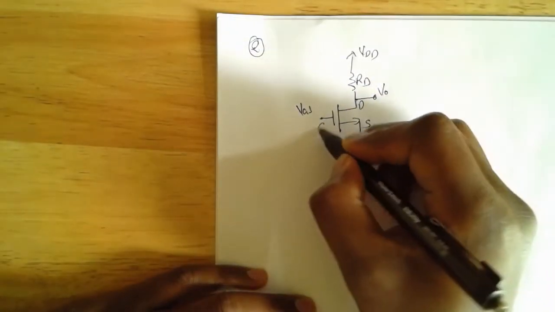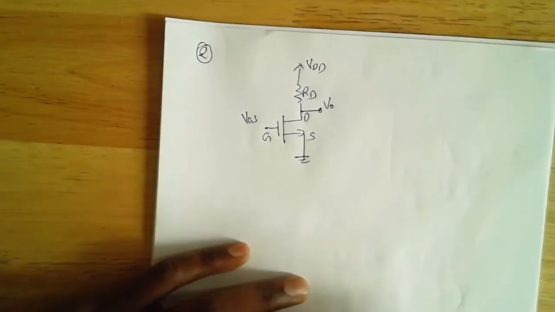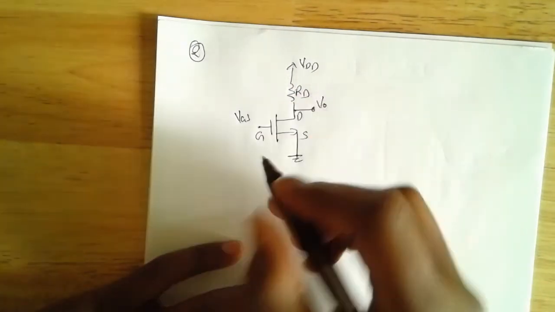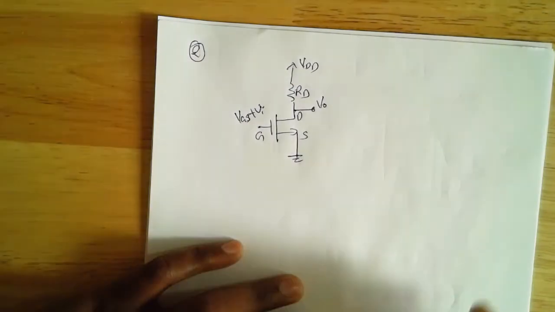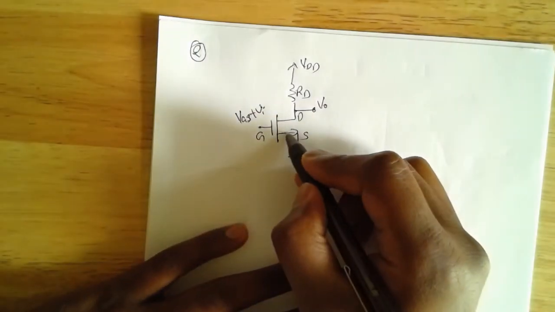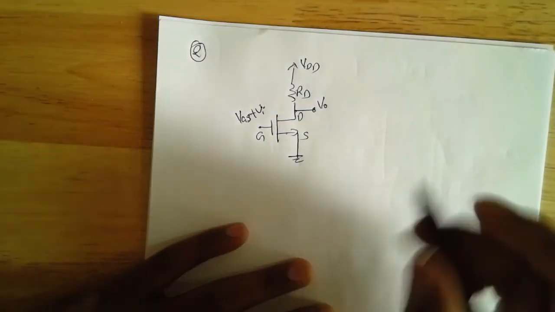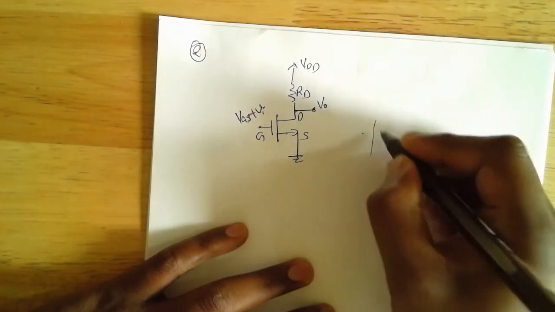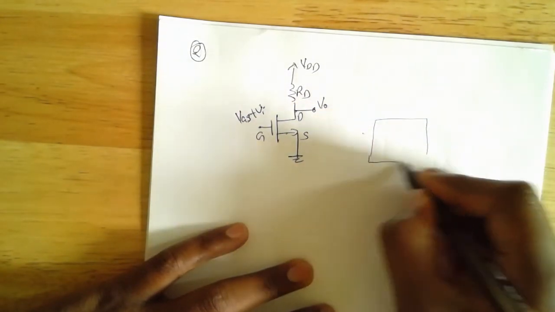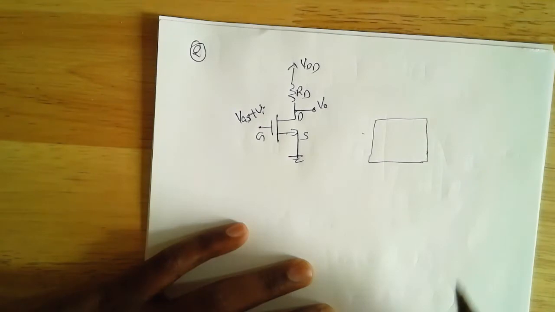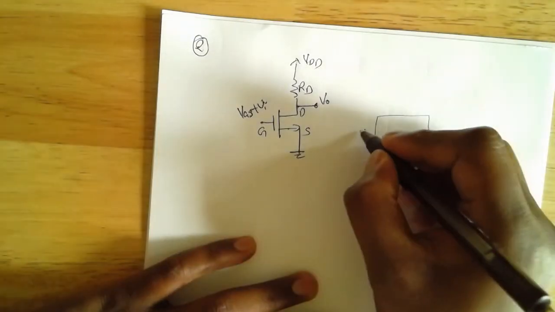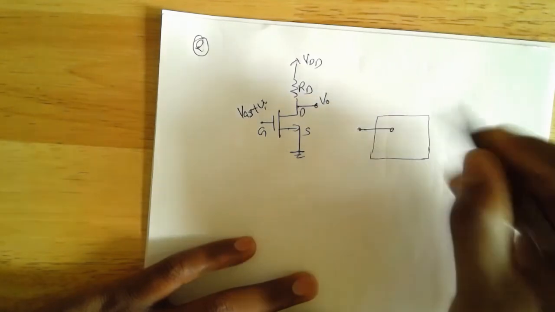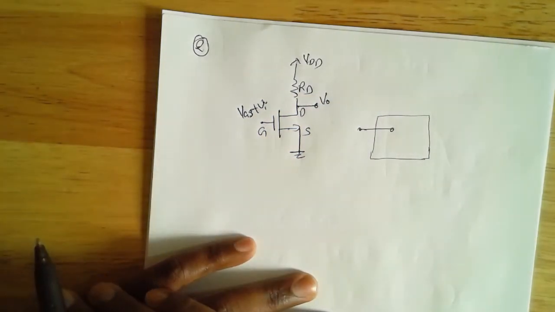Drain, source, gate. Okay, so the first thing I'm going to do, and then basically I'm superimposing my input VI on VGS, right? So the first thing I'm going to do is replace this MOSFET with its equivalent circuit model. So I'm going to draw the box for now just to make things clear. But as we move on, we'll stop drawing these boxes. Okay, and I'm also only going to consider the AC component of the input, right?